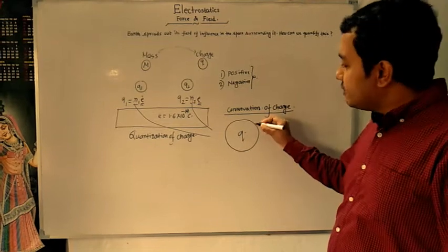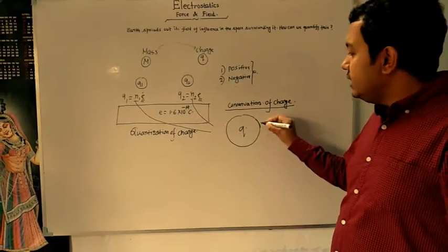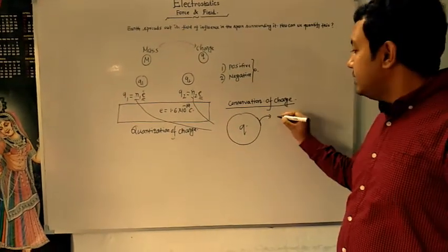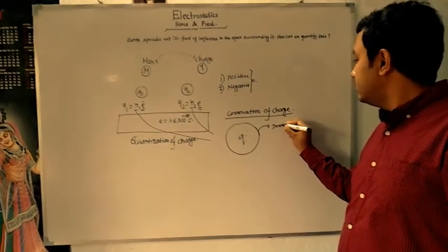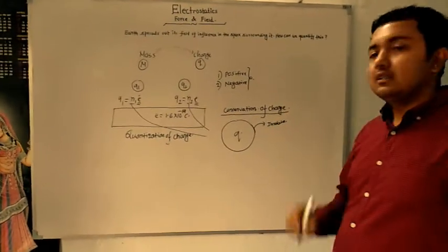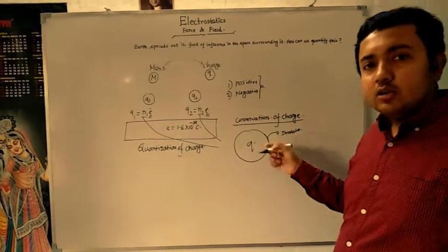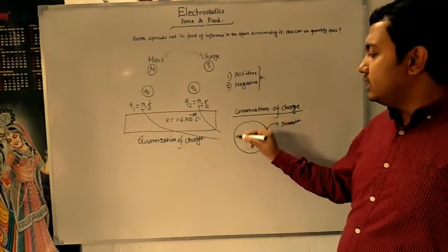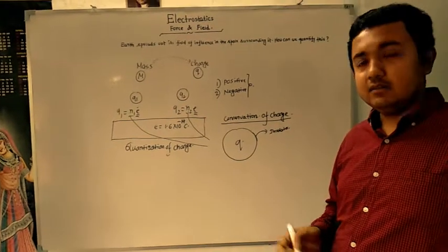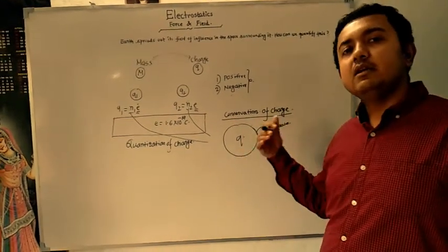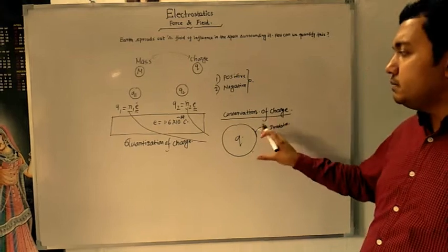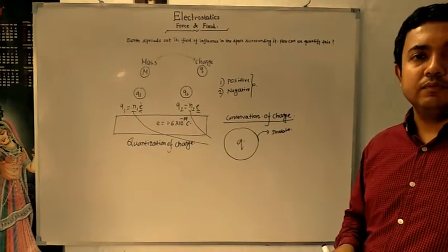That is, there is a boundary, and this boundary is an electrical insulator. That is, the boundary cannot allow charge to enter or escape from this system. Hence, the total charge of this system remains constant for all the time, and this principle is called conservation of charge.